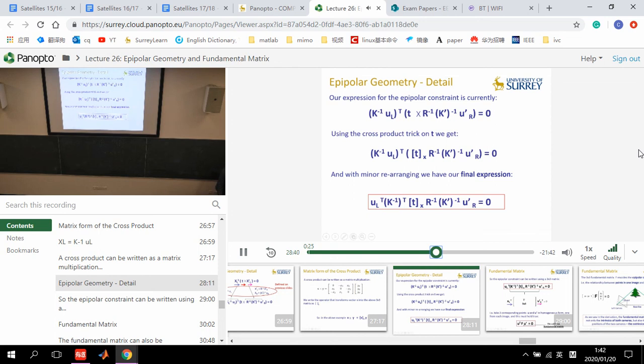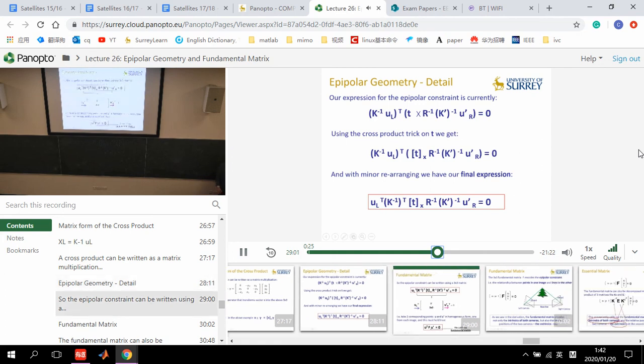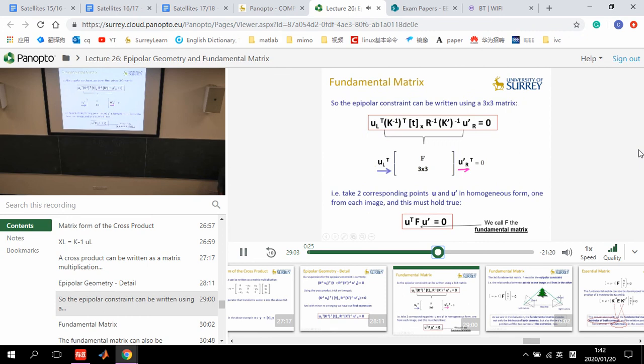This cross product version of T was 3x3. R was 3x3. K was 3x3. That's the K for the other camera. And then we have these two points here in homogeneous form. So all of this bit in the middle is just one big compound matrix transformation. And that is the fundamental matrix. So all of this section here is F.